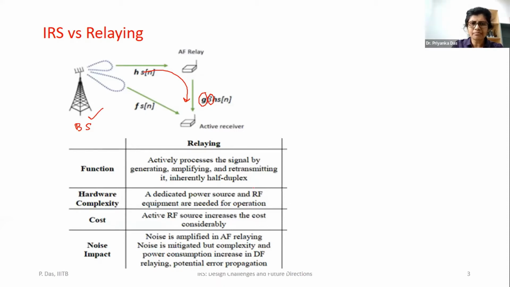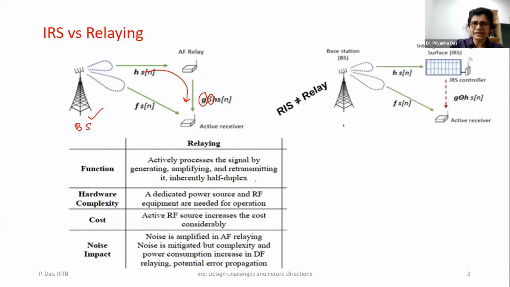And the same thing, let's see what an IRS can provide. Here you can see communications with an RIS, which is reconfigurable intelligent surface or intelligent reflecting surface. The same name, but I mostly prefer IRS compared to RIS.